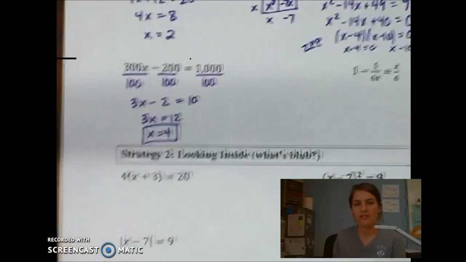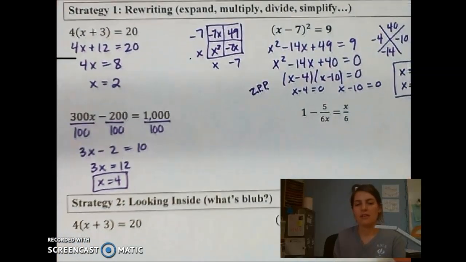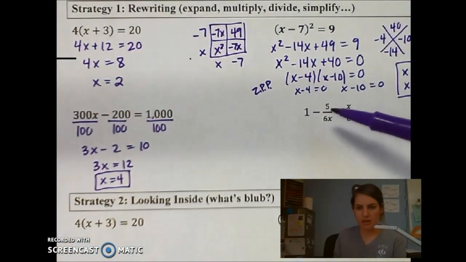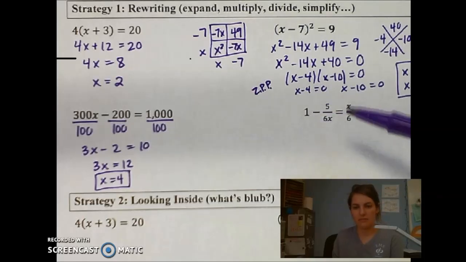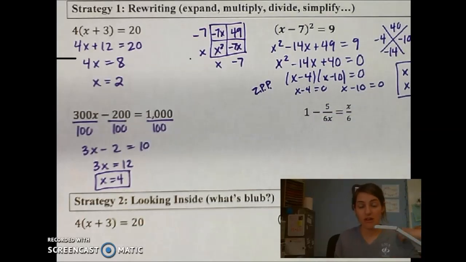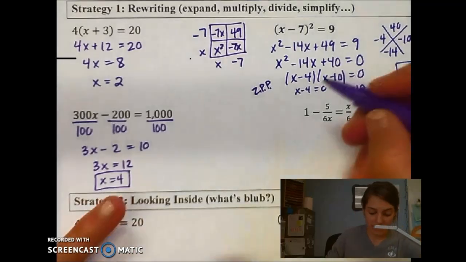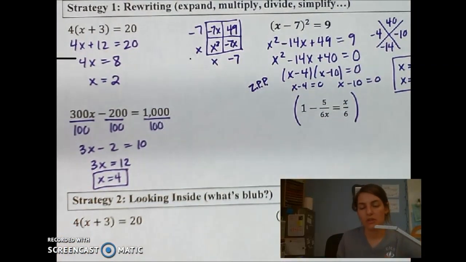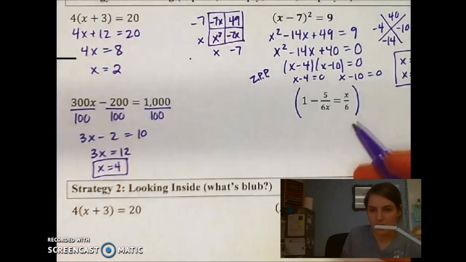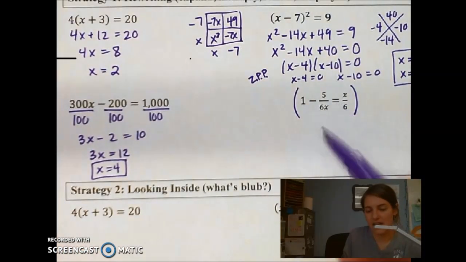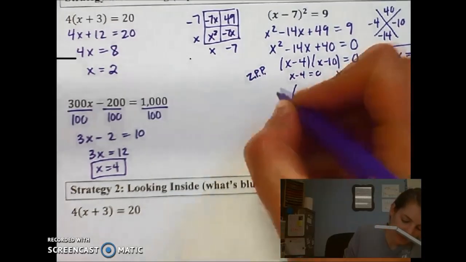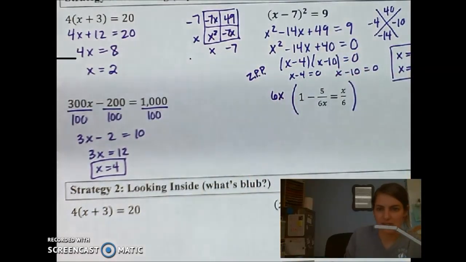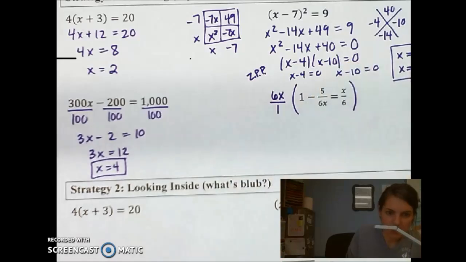And for our final example of rewriting, we have a rational equation, or something that we could use fraction busters to solve. And we just did this, so we want to think through what we could multiply the entire equation by so that we could cancel out a factor of 6 and x in the denominator. So we're going to multiply the whole thing through by 6x over 1.